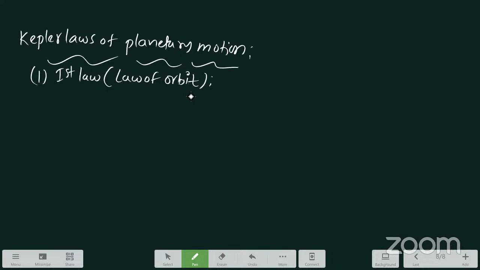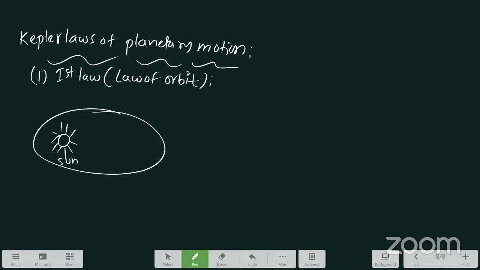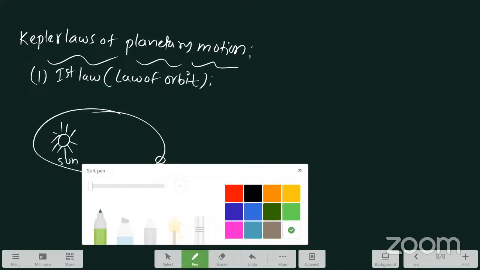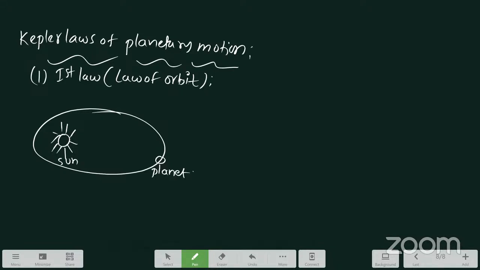First, the law of orbit. Here, every statement comes with one diagram: sun, planet. What is Kepler's law of planetary motion?